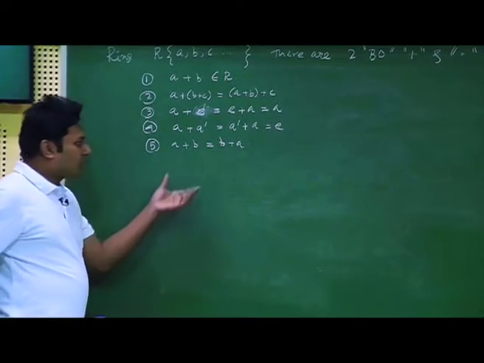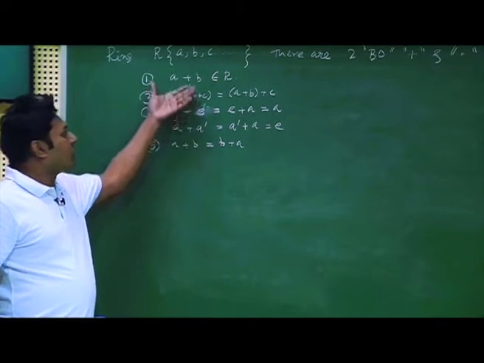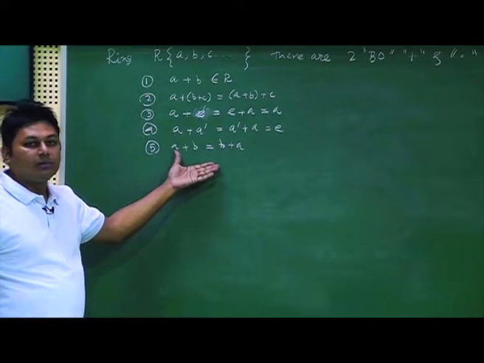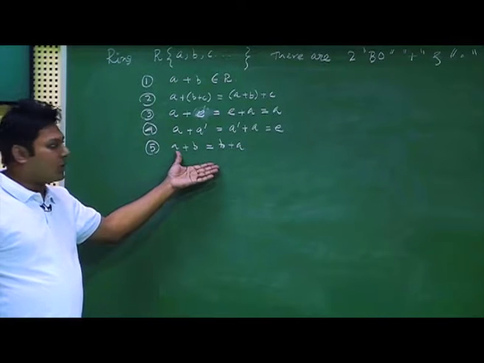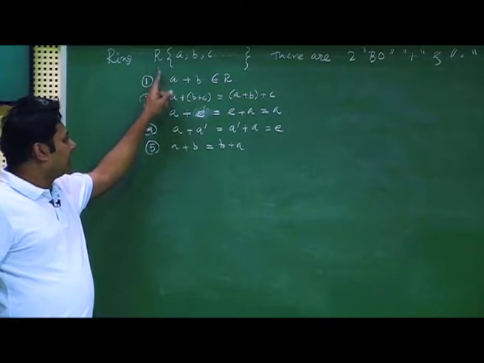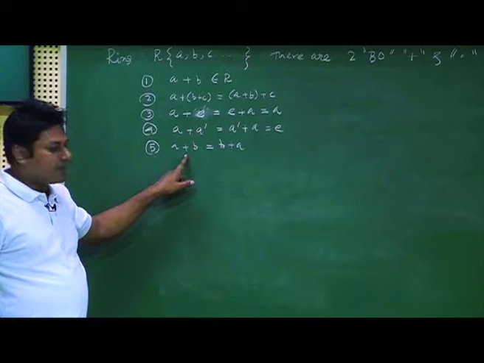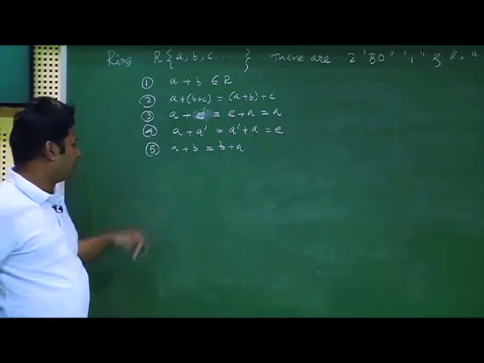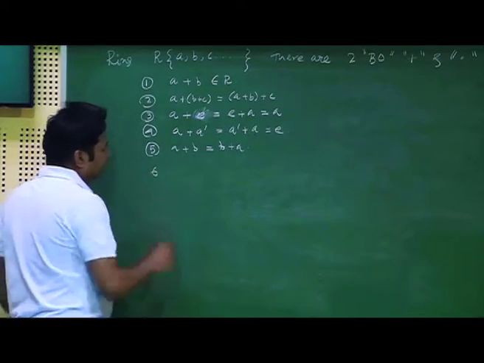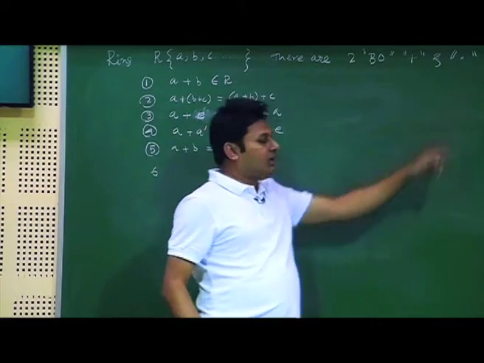So essentially I am writing all the properties that a group has. So R is forming a group with this plus operation. What about the other operation, because the dot is also there.